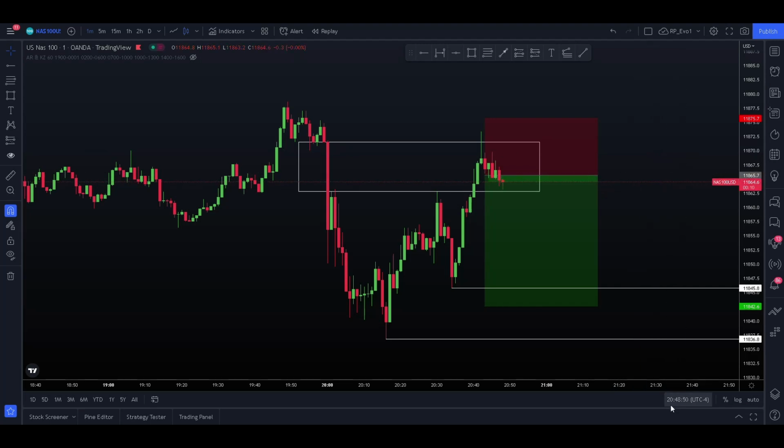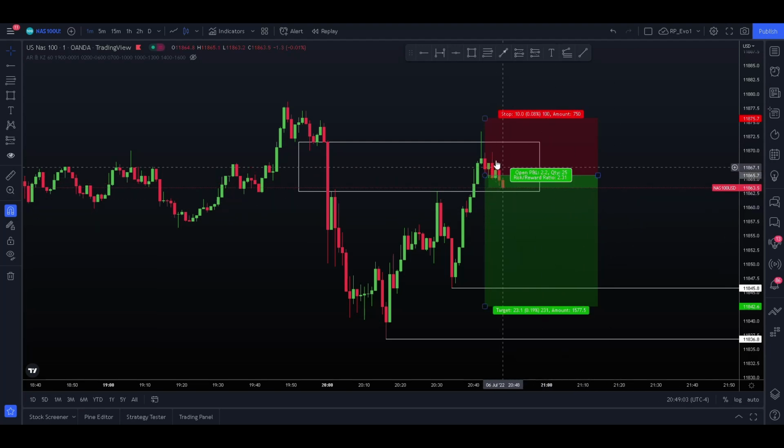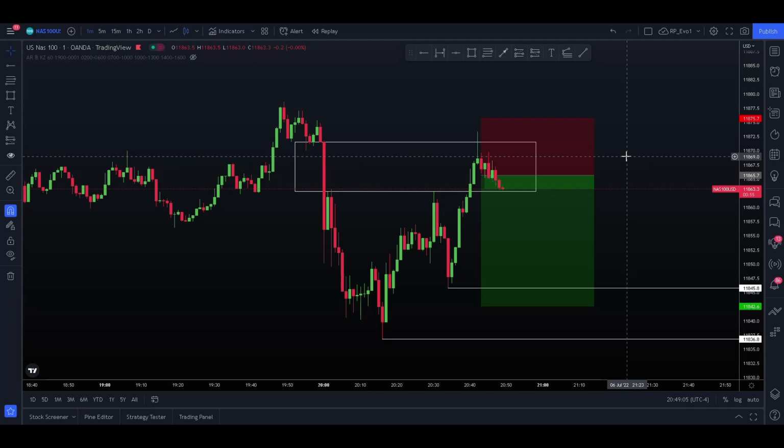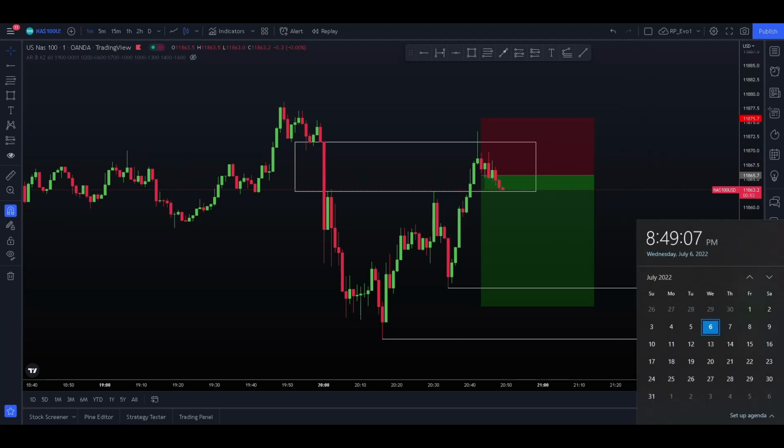And once again, time is 8:48. So it qualifies usually based on my rules. I usually look for setups between 7 and 9, the latest 9:30. This is kind of a little bit of a late setup. And of course, time matches on my computer. You can see everything's done real time.